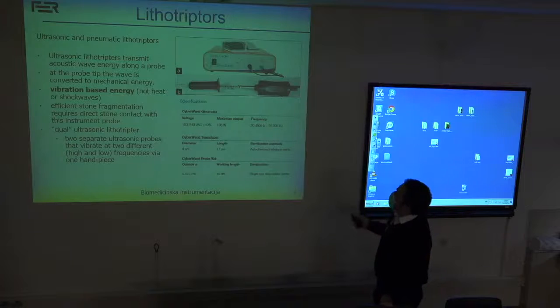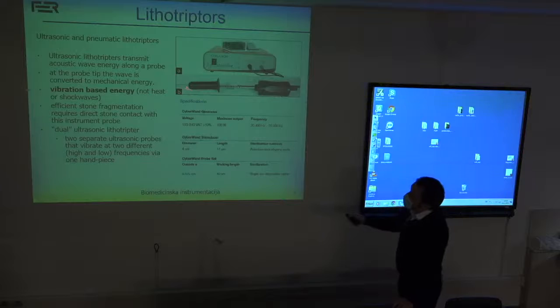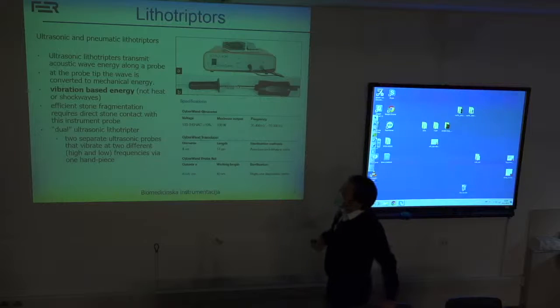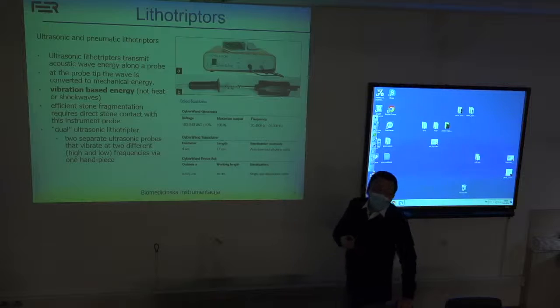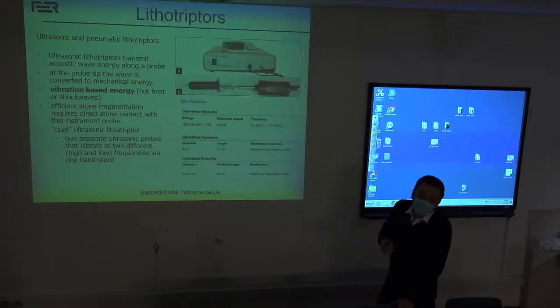And the probe, of course, is handheld, and the part that comes into contact with the stone is this large and long metallic stick, which is usually produced from titanium or titanium alloys.